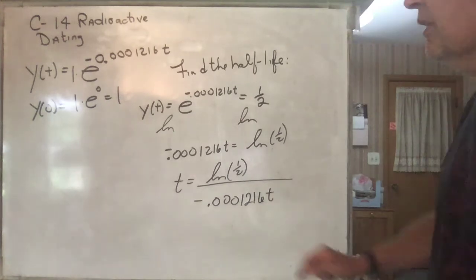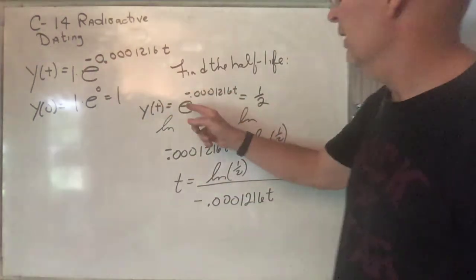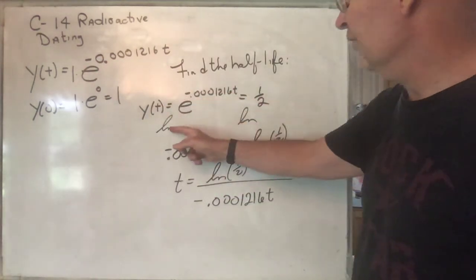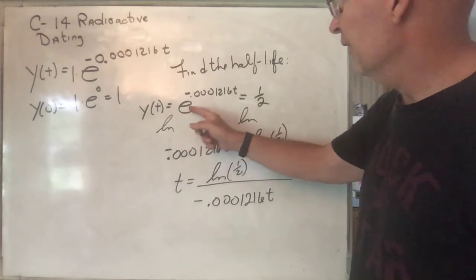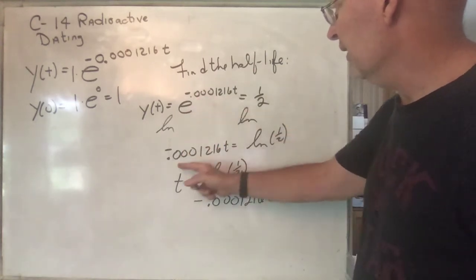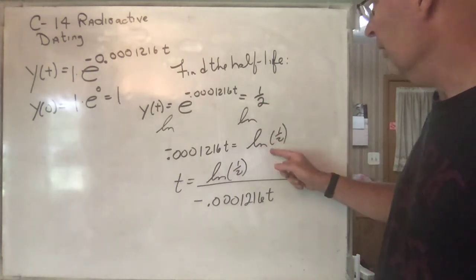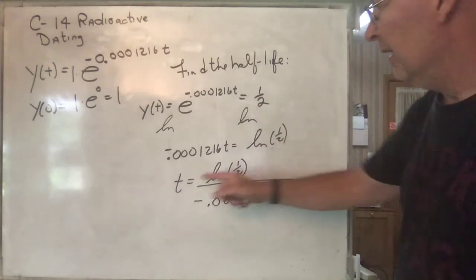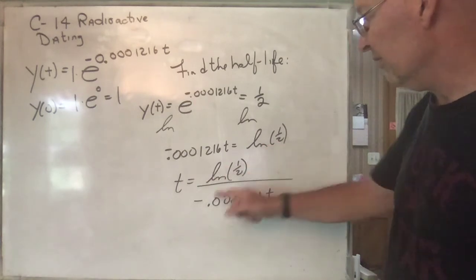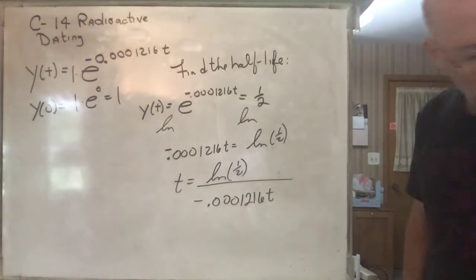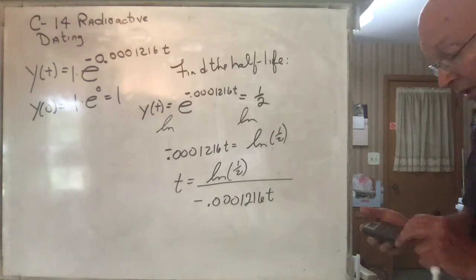Okay, let me make sure I did it right. That's negative. So that's all negative. So the ln of e to anything is just that thing. So here I have this thing is equal to the ln of 1/2. And so t is equal to the ln of this divided by this. And so that's easy enough to do.